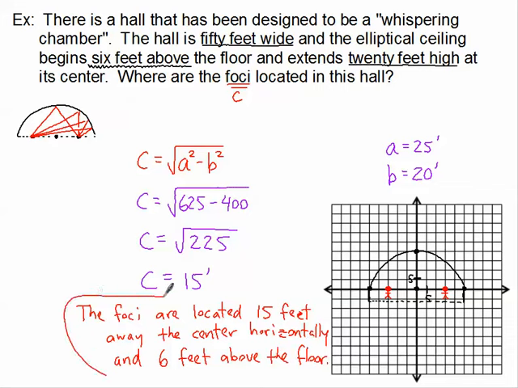That's where our foci in this whispering chamber are going to be located, 15 feet away from the center and 6 feet above the floor. So pretty cool application for ellipses.